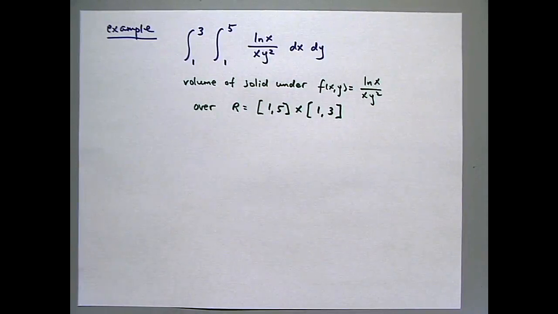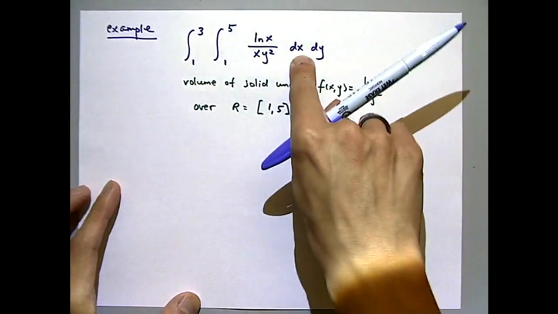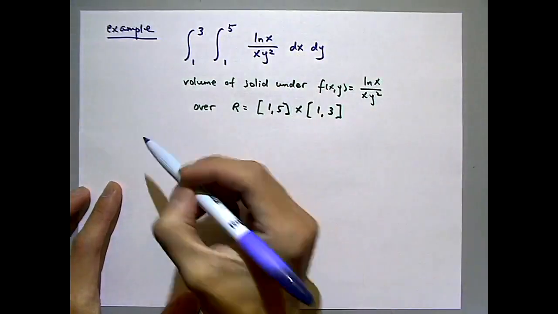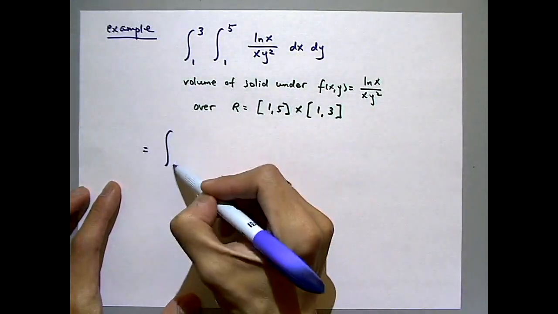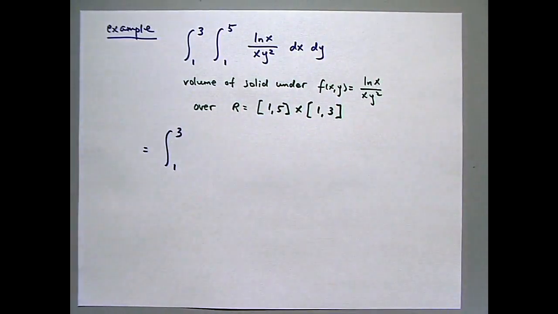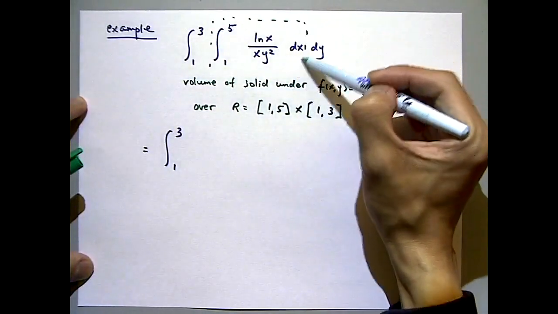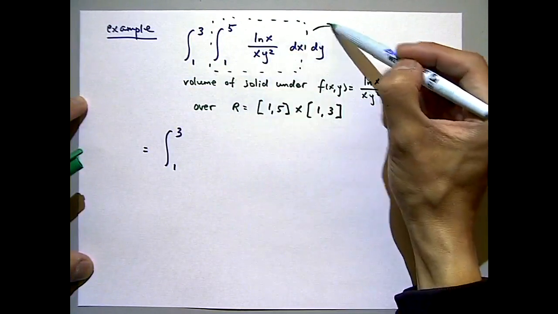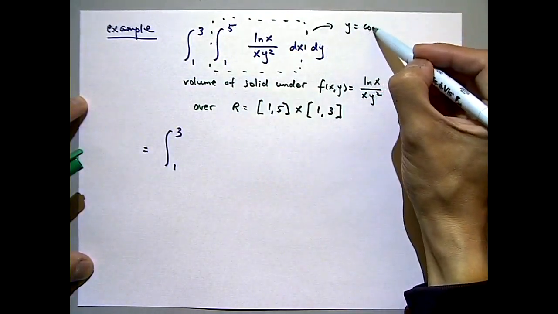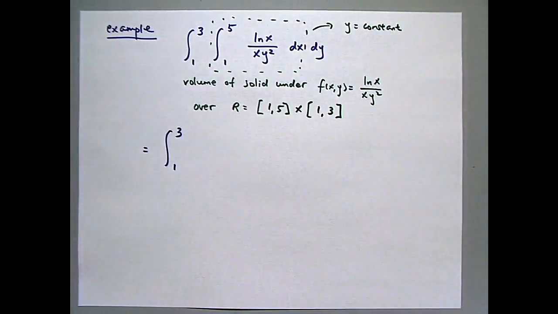Okay, we handle this exactly the same way. We integrate inside out. First, we consider the first integration with x, treating y as a constant. And here's one thing you could do, because in the innermost integration, y is treated as a constant.